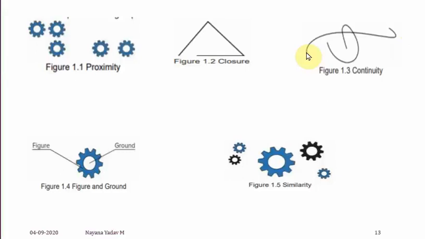If we start from one end, it will go till the end of that horizontal curve, and after that we will move to the next curve, that is the curled curve. Okay, so that is what we are saying in continuity. If you start from one end, we will reach the end point of one particular object, and then we'll immediately continue with the next object. So here you can see two elements which are overlapped.